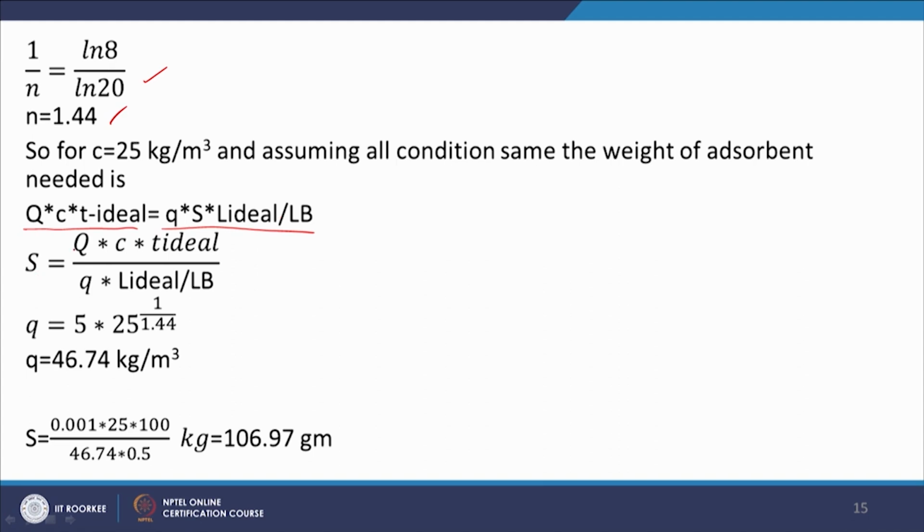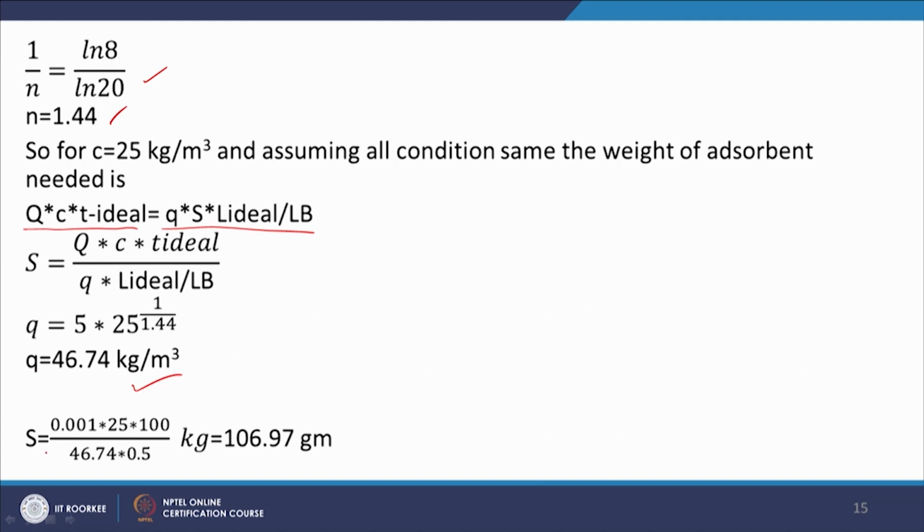So, S is equal to Q into C into T ideal by q into L ideal by L b. Now, what is q in this case? q is equal to 5 into 25 to the power 1 by n, with n as 1.44. So, that is equal to 46.74 kg per meter cube.